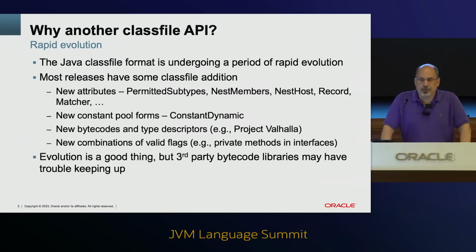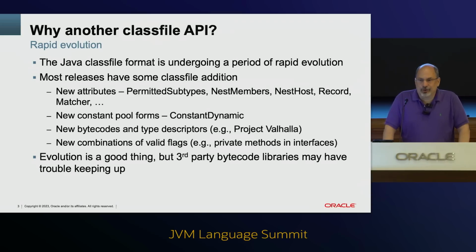And even if we don't change the actual syntax of the class file specification, features like private methods in interfaces, which were added in, I think, 9, change the validity checking of a class file, of which combinations of flags are valid. So the class file format is under fairly rapid evolution, and I have no reason to think that won't continue.